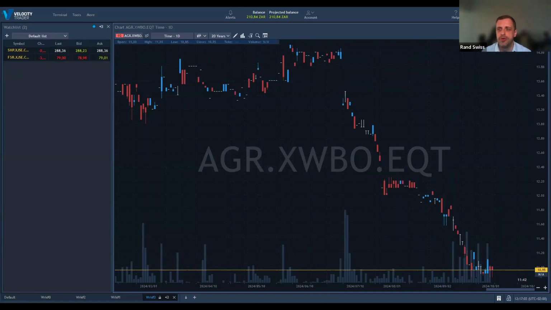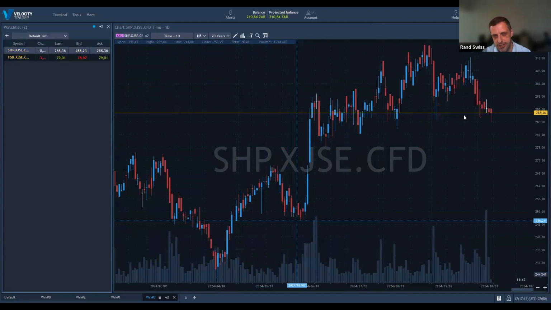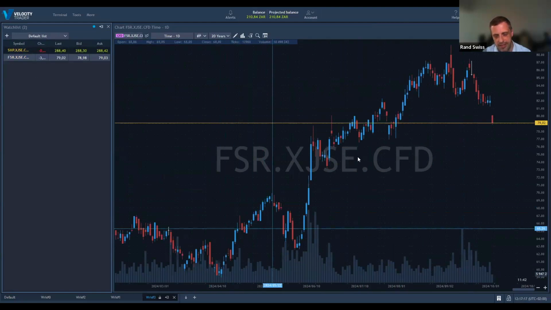The reason you want to do that is because you don't want to type in the ticker code every time. Because these two are now linked, when I click on SHP, it automatically changes to ShopRite CFD. If I click on first rand, it automatically changes to first rand. So that's why it's really nice to link windows together. It just makes things a little bit easier.